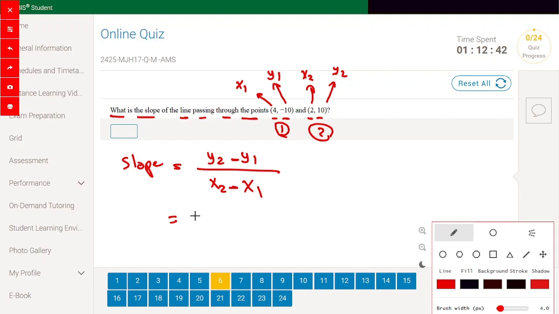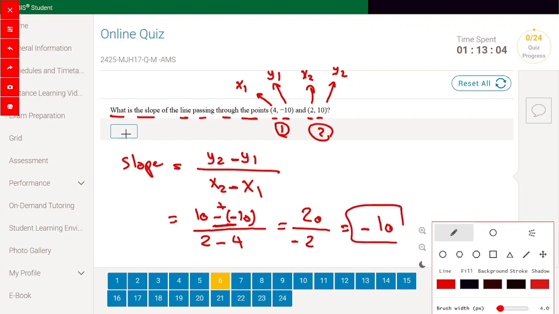So y2 is 10 minus minus 10, divided by 2 minus 4. Minus and minus will be positive, so 10 plus 10 equals 20. Divide by minus 2, so it will be equal to minus 10. So the answer here will be minus 10.